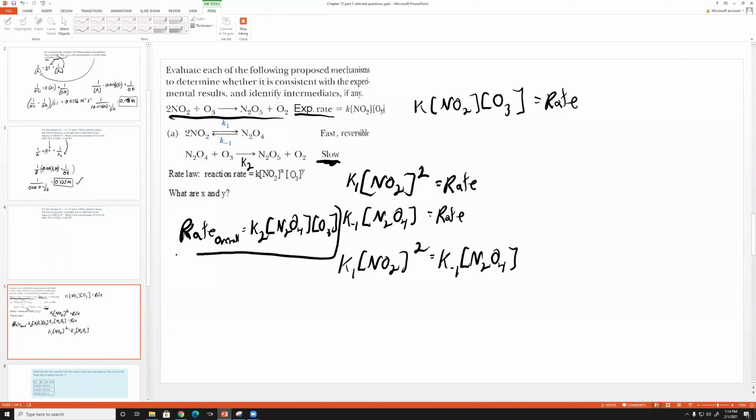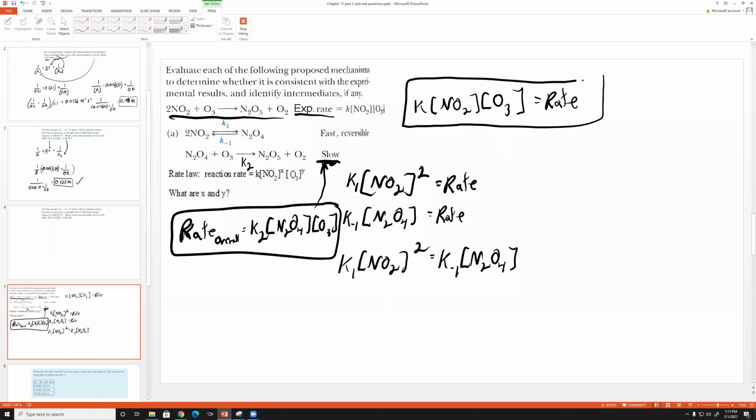So now our goal is to figure out how the rate of the overall reaction determined by the slow reaction equals the rate of the overall reaction that's experimentally determined. The only thing that's different is O3 is the same; you want to get this N2O4 in terms of NO2.